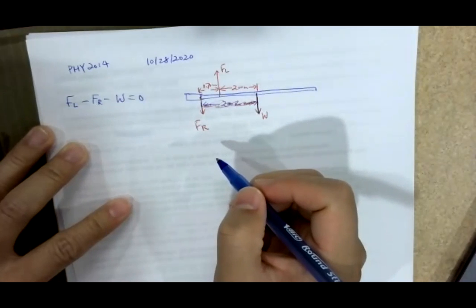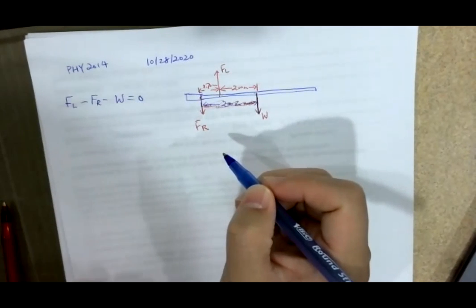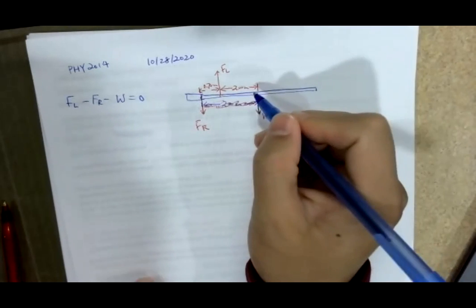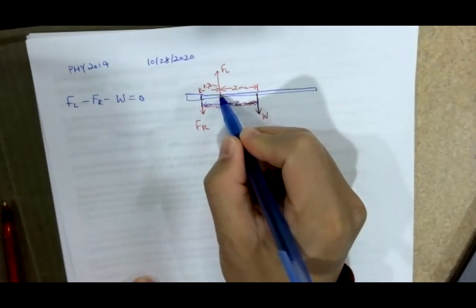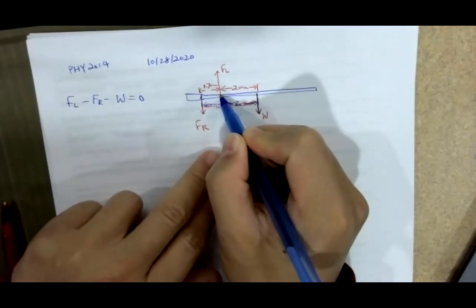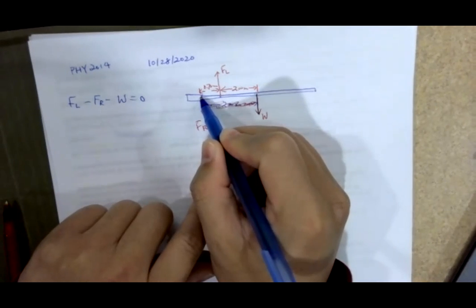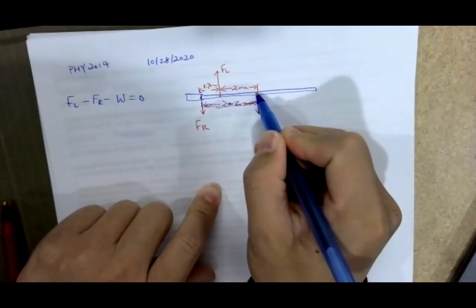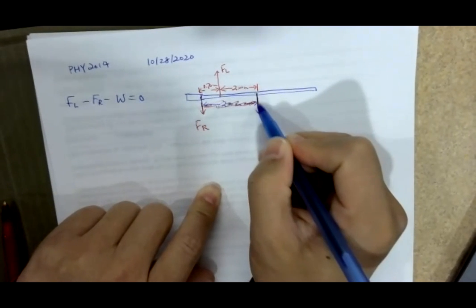Now you have to decide which would be your axis of rotation. It could be arbitrary. You can take either this one, where the force by the left hand is exerted, or you can take this one. Either way. You probably don't want to take the weight as your axis of rotation, because this is a known force.